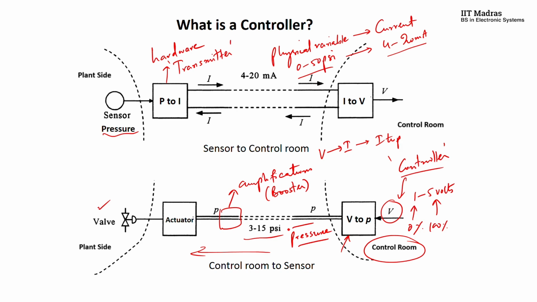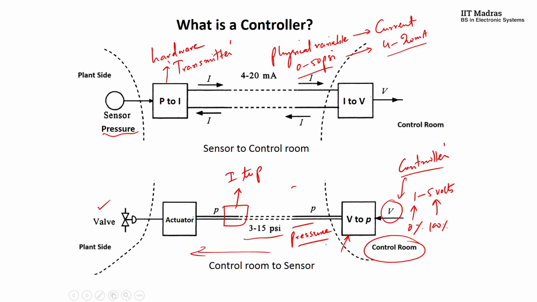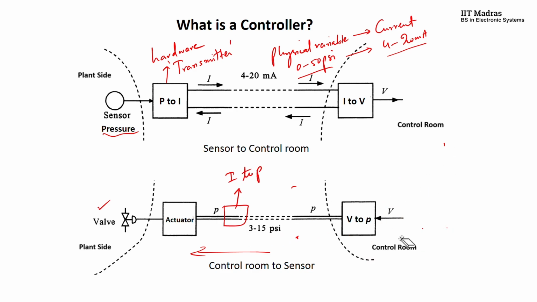What we try to do is transmit this control signal, which is in terms of voltage. We convert it into current first, and then at this end we could use an I to P converter. That means here you would not use all this. Let me rub this off.